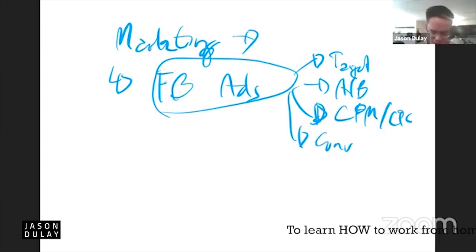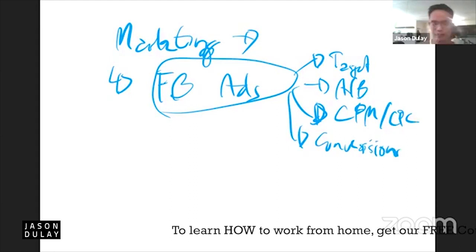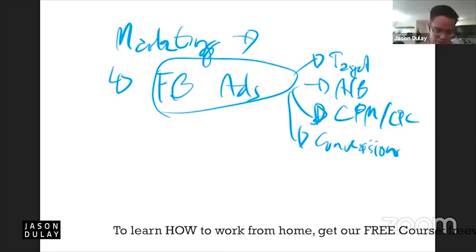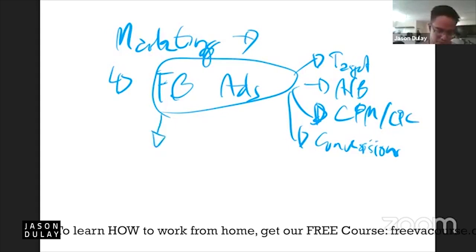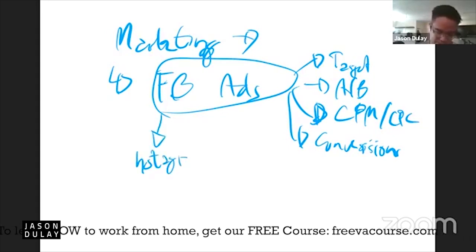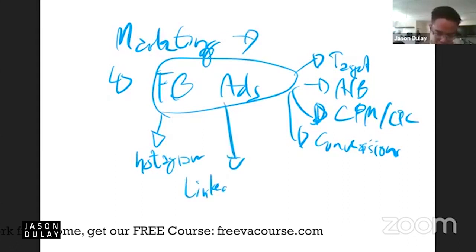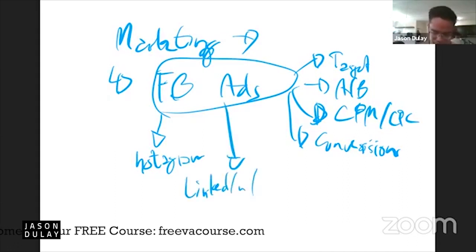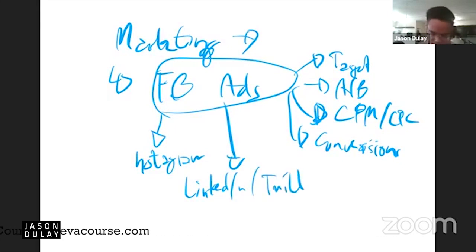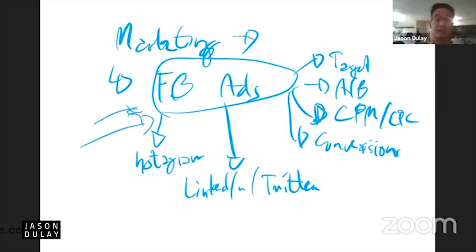There's so much to learn when we're talking about Facebook ads. Facebook ads is really the most popular right now. With Facebook ads, you can also combine that with Instagram ads. LinkedIn and Twitter ads are trying to copy the success of Facebook ads, but they might get there in the future. But Facebook ads is really the place to start because it's the biggest platform when it comes to social media marketing.